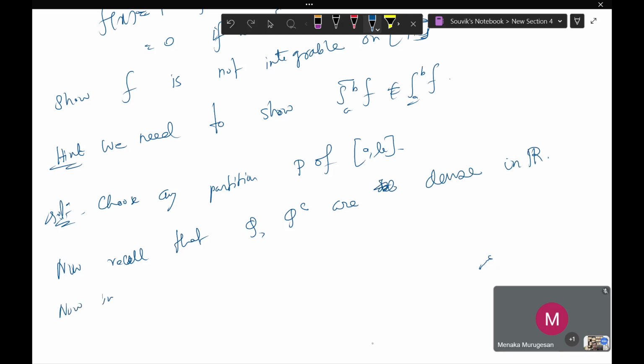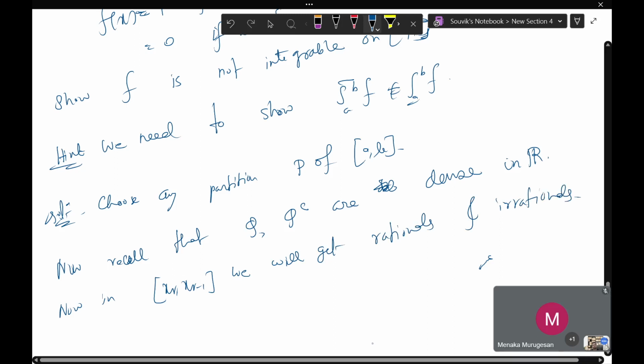So in each subinterval [x_{r-1}, x_r], we will get rationals and irrationals. So what is the upper sum? First of all, what is capital M? Capital M will be 1, and small m is equal to 0, right?